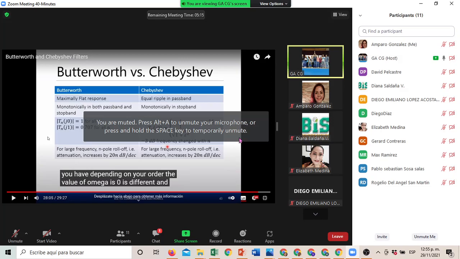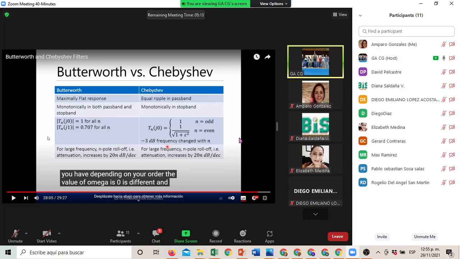And in the Chebyshev it is not the same. In the Chebyshev this value can change if you design a filter of the first, second, or third order. This is a very, very important difference between these two filters.